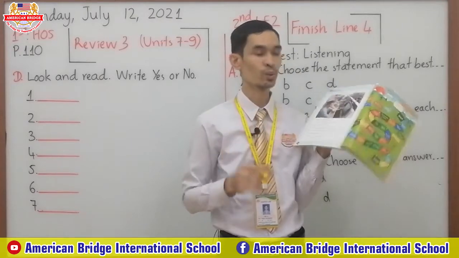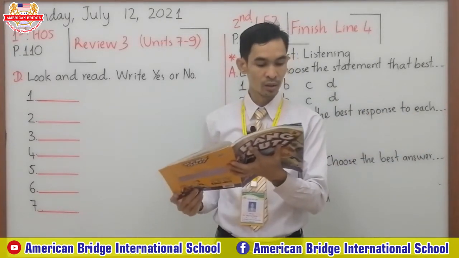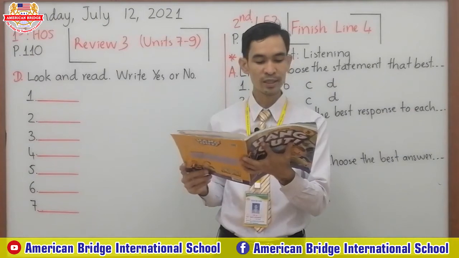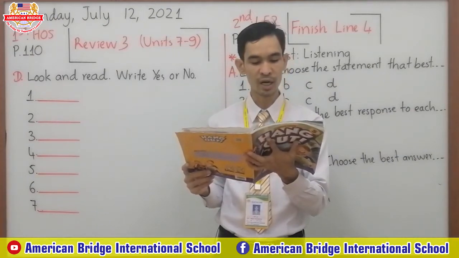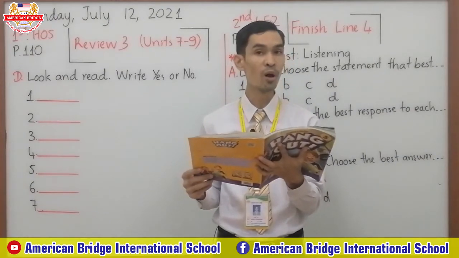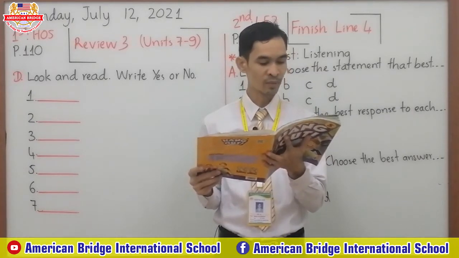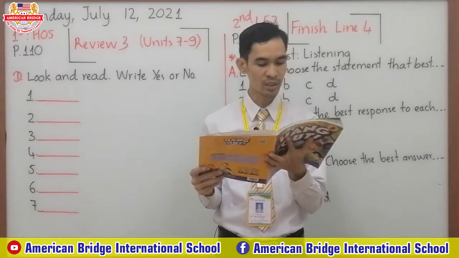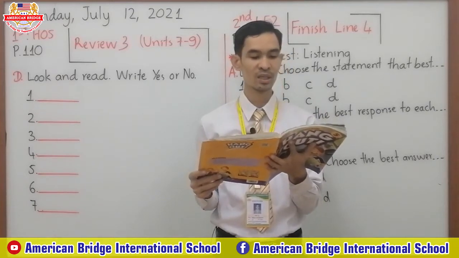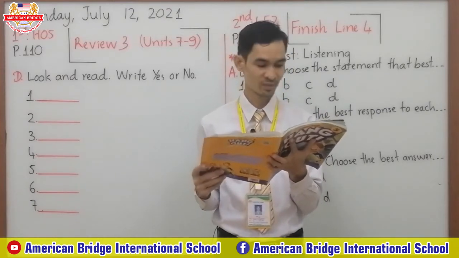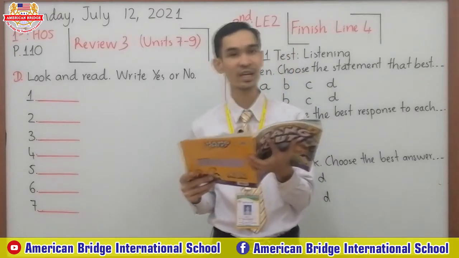Yes or no? 2. You can see more laptops behind the students. More laptops behind the students. 3. The first computer is the smallest. Is it the smallest? Okay, look at the picture carefully and then answer, right?